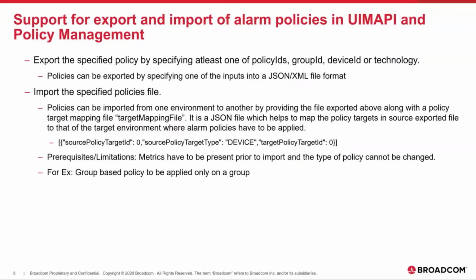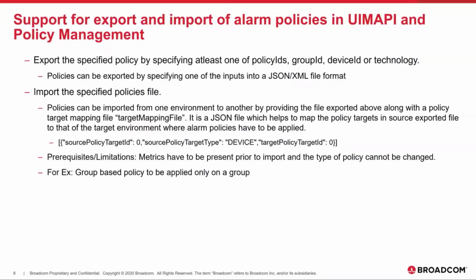While importing, user will have to provide a mapping file. Mapping file is used to map the entities in the source environment to those in the target environment. For a group-based policy, the source policy target type should be group. For a device-based, it should be device, and for a technology-based, it should be technology.